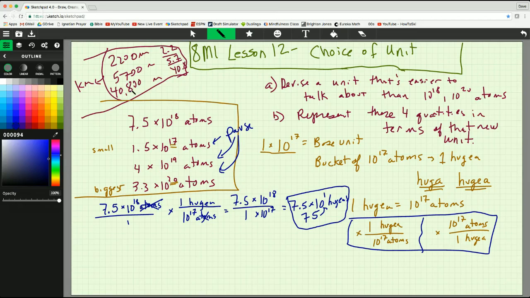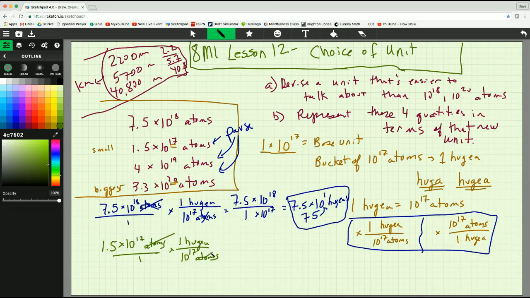Okay, now I'm assuming you're back, and I'm just going to do one, and then I'll write the answers for the last two. This next one is 1.5 times 10 to the 17th atoms times 1 huja over 10 to the 17th atoms.